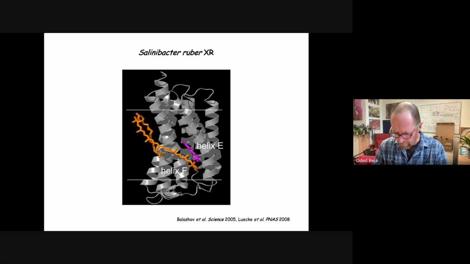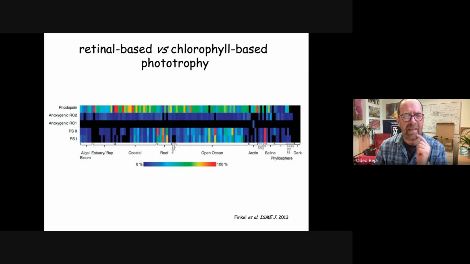I'm returning to this slide again, telling you that about 70% of marine microbes do have rhodopsins. And for a long time, since actually 2005, in the beginning with Janos Lanyi and then my lab, we gave it a lot of effort to try to see if the marine rhodopsins would also have antennas.